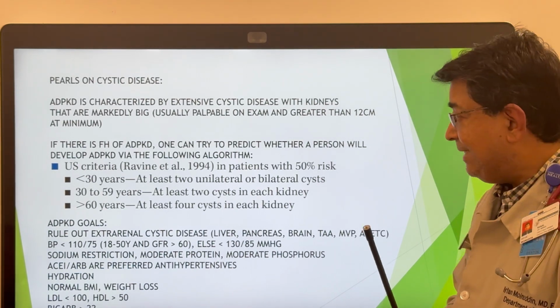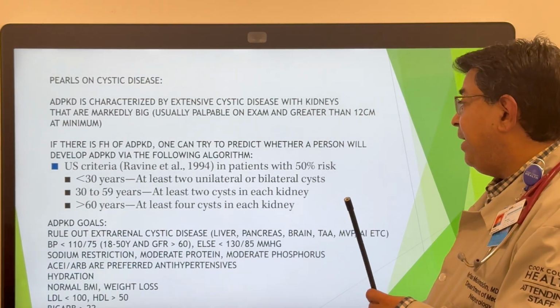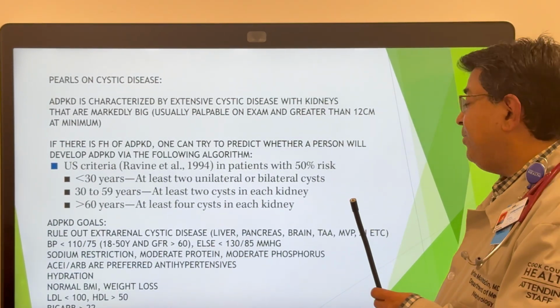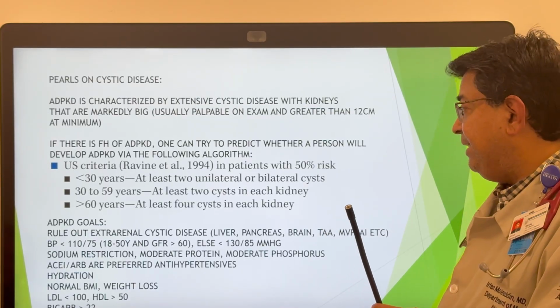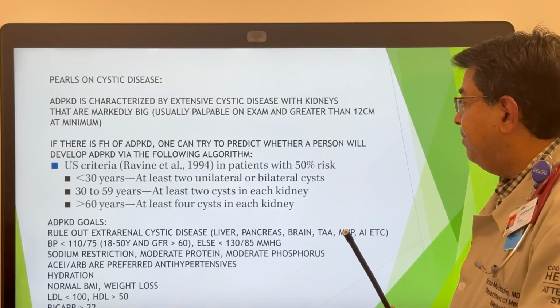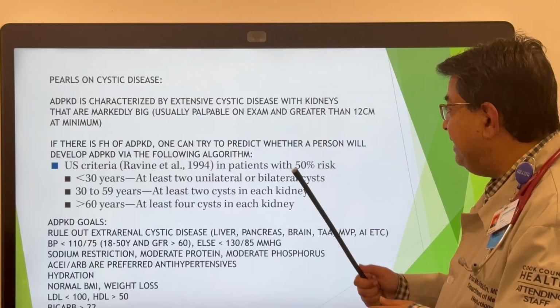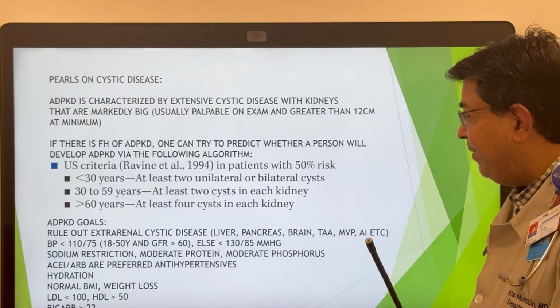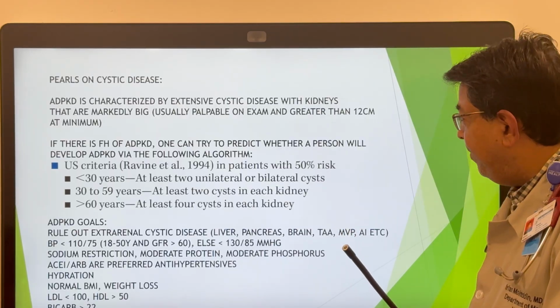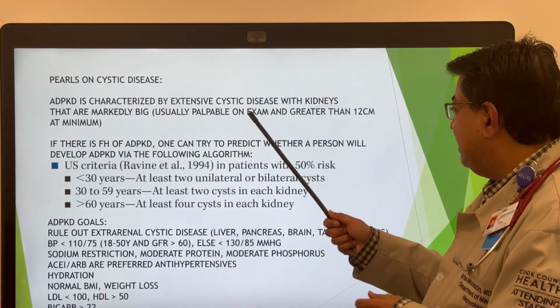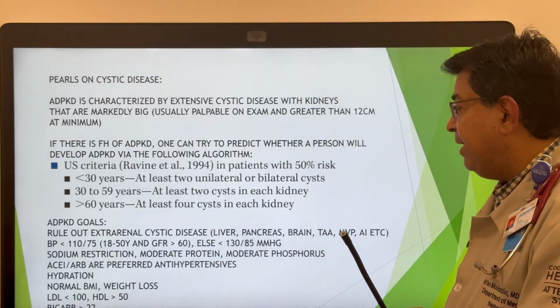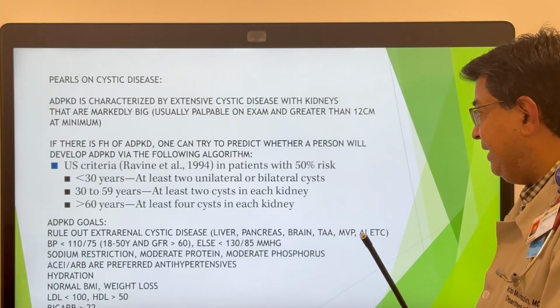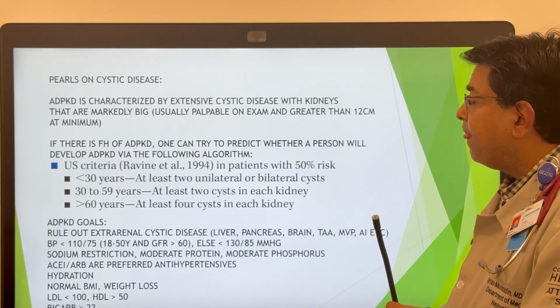Let's talk about cystic disease. Polycystic kidney disease is actually a common presentation in the CKD clinic. Extensive cystic disease leading to obliteration of the parenchyma and very big, usually palpable kidneys greater than 12 centimeters would be the typical presentation of ADPKD.